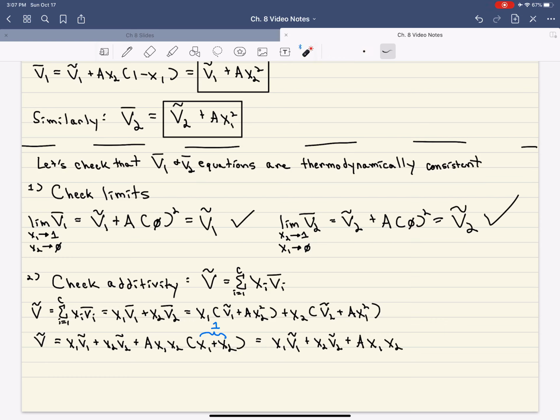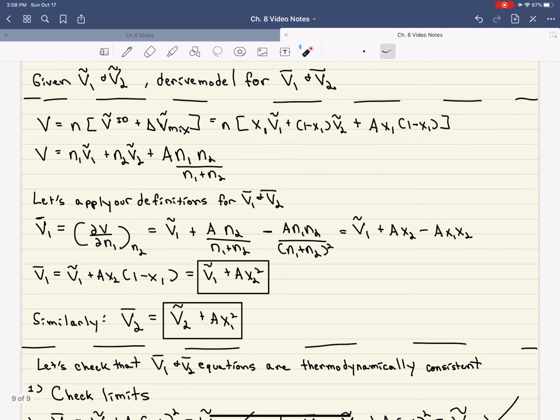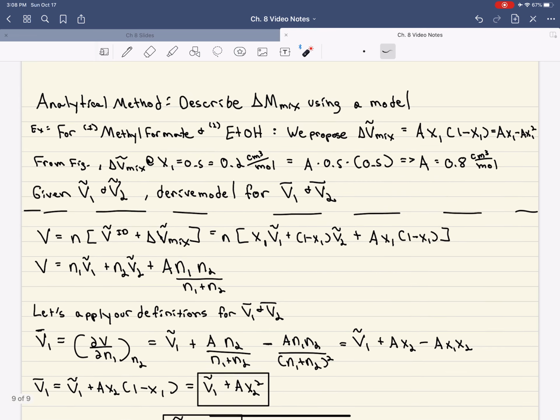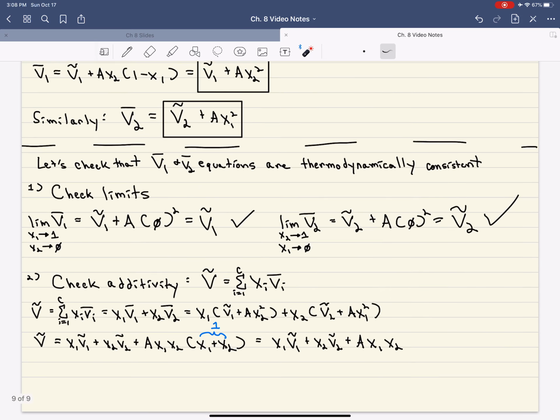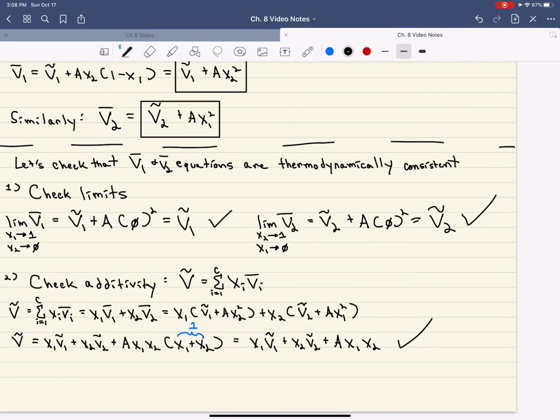So after we add in both of our models, we get this equation, which matches exactly what we got here, where this 1 minus x1, those are just x2s. And so our models pass the additivity check. So two things looking good.